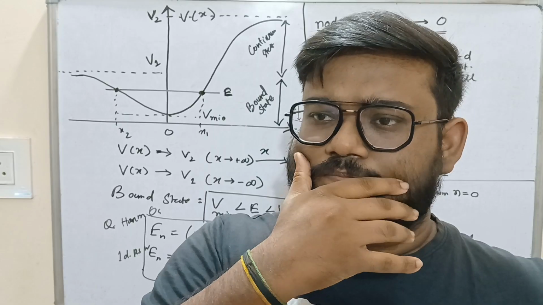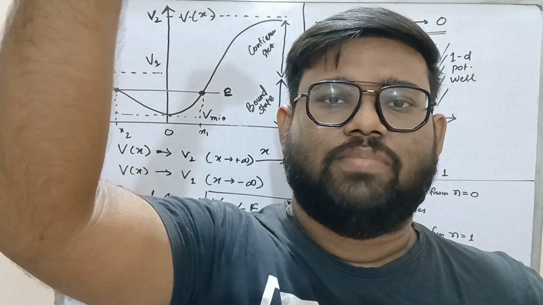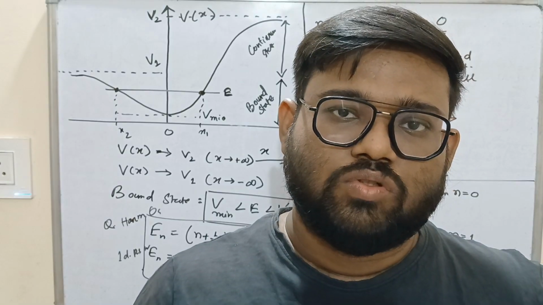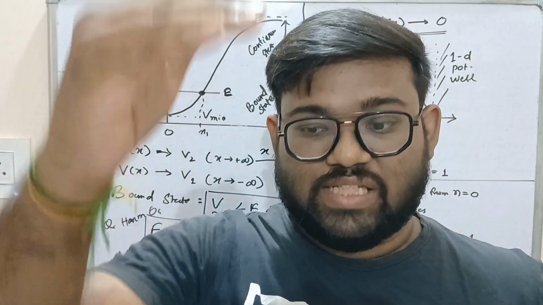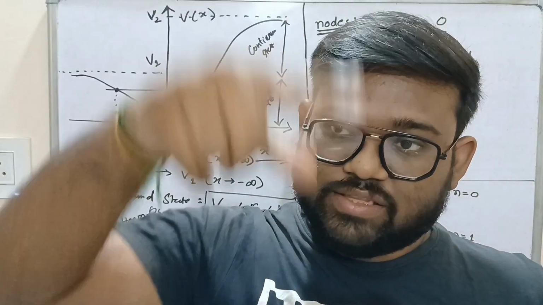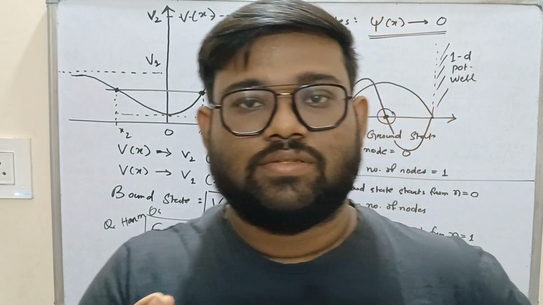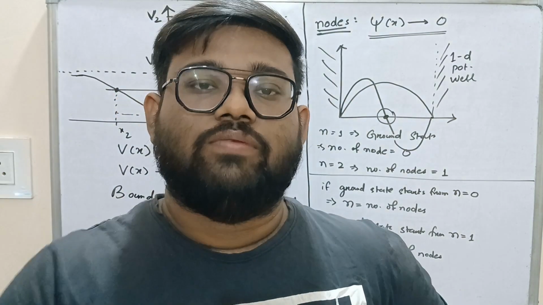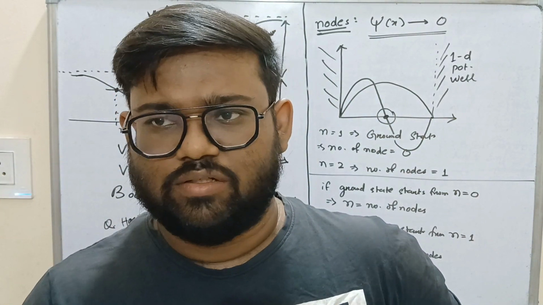Now, if there are different eigenstates but they are giving the same eigenvalue, then all those eigenstates will be considered degenerate eigenstates, and the eigenvalues will be considered degenerate eigenvalues. This is a different thing altogether.